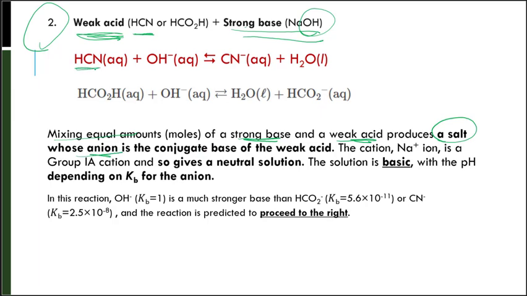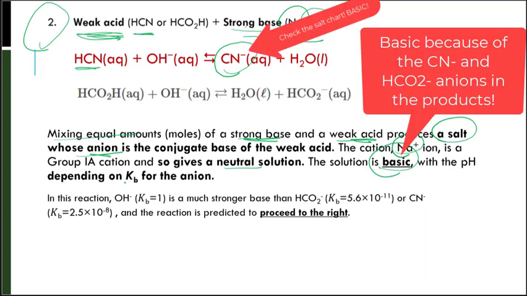So for example, HCN will produce CN minus. Formic acid will produce formate. The cation, for example in sodium hydroxide, the sodium is a group 1 cation, so it gives a neutral solution. The solution is basic, with the pH depending on the Kb for that anion.